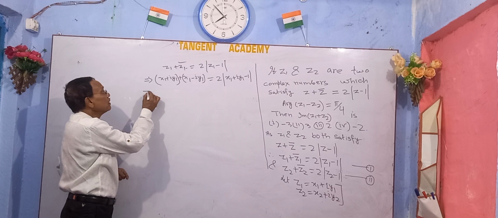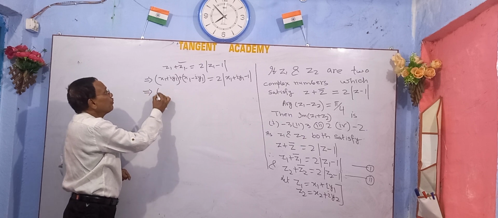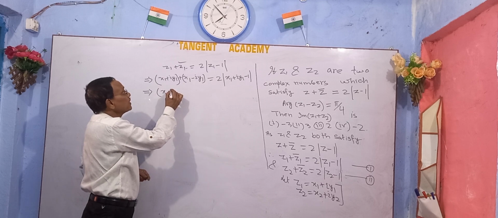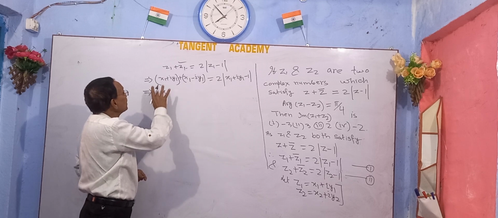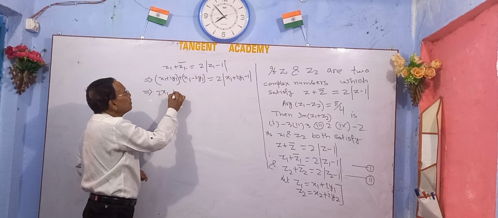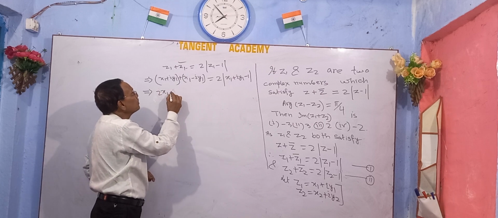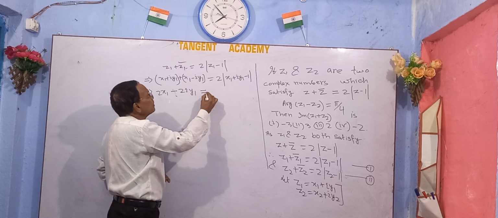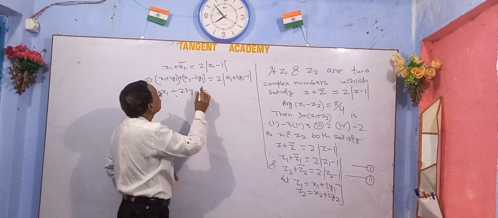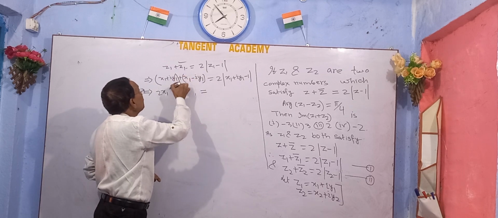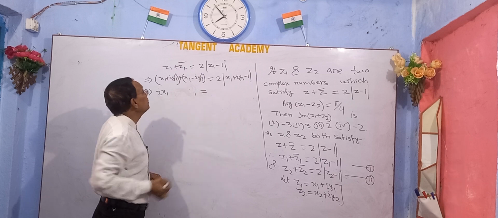Now we will group the imaginary part and the real part. Twice x1, x1 plus x1, minus iy1 plus iy1, positive and negative will be cancelled out.